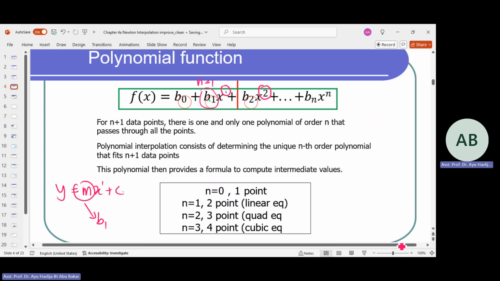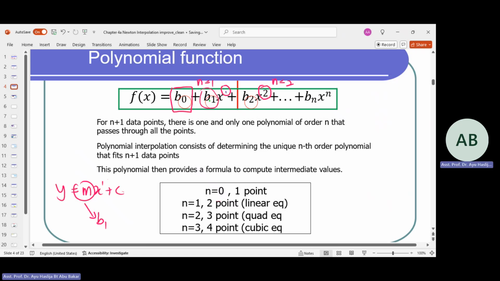For quadratic, n equals 2. So this is the n value, up to order n. Here, n equals 0, which is in front here.